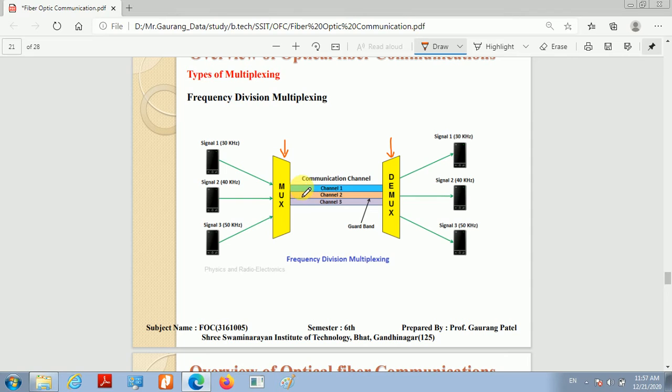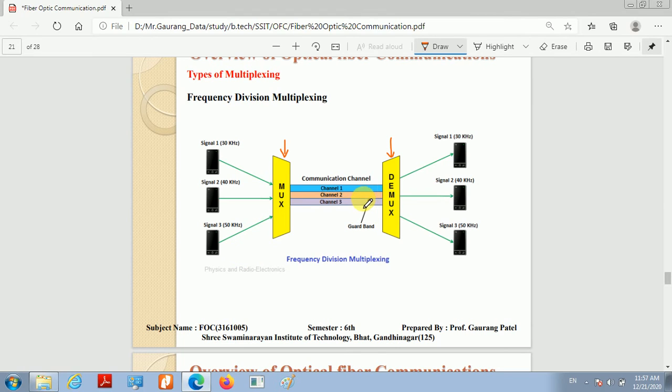So you can see here, the bandwidth of this channel is divided into three logical subchannels, channel 1, channel 2 and channel 3. Channel 1 is allocated to signal 1, channel 2 is allocated to signal 2, and channel 3 is allocated to signal 3.